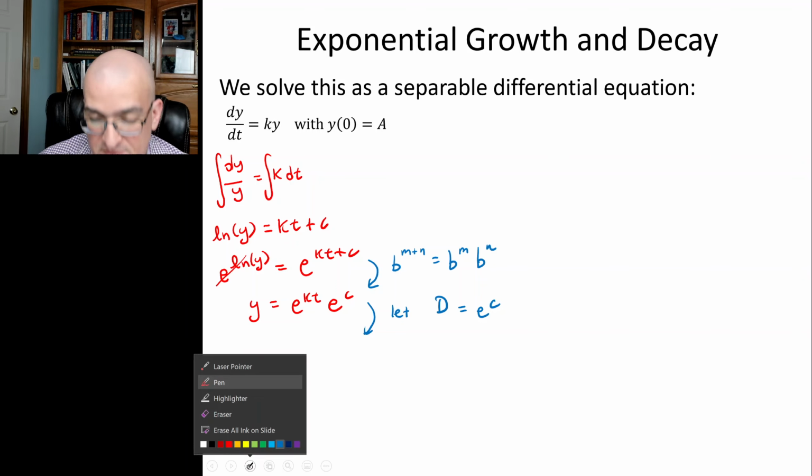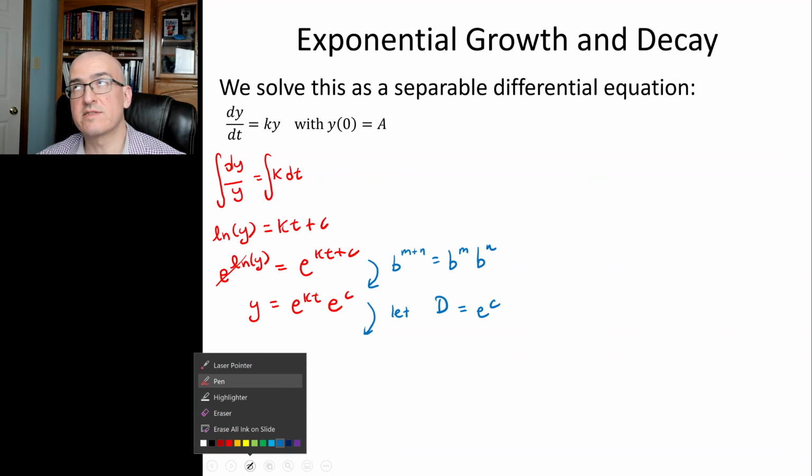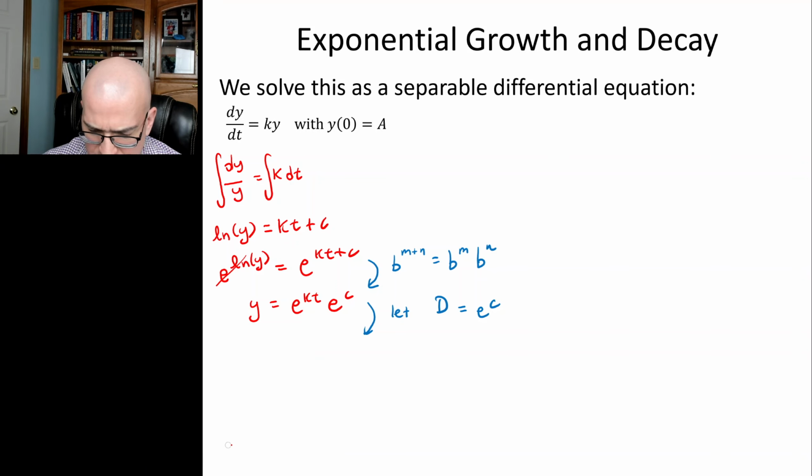Just replacing it. If c is an arbitrary constant, then e to the c is also an arbitrary constant. I'm just going to call that arbitrary constant d, so it looks a little bit less weird. Y is equal to capital D times e to the kt.